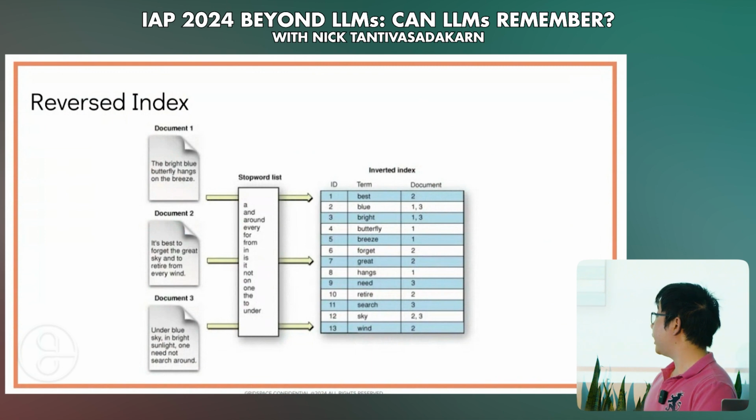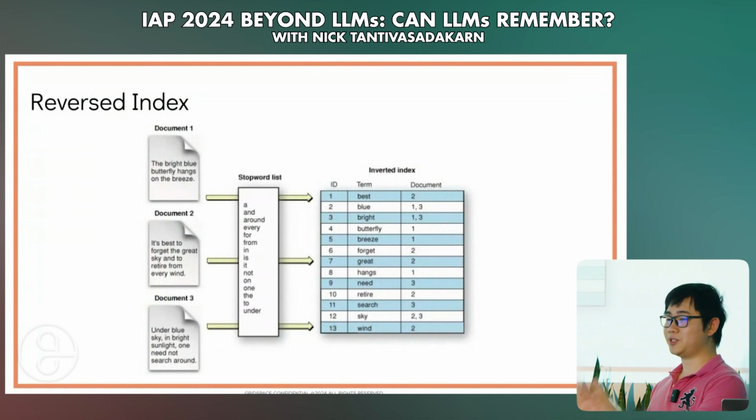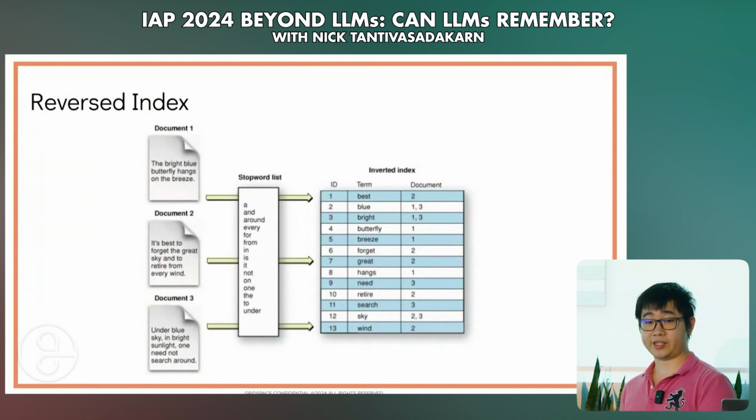One way that a lot of information retrieval systems do it, including Elasticsearch, OpenSearch, and many of the things built on top of a system called Apache Lucene, technicalities aside, is using something called a reverse index.